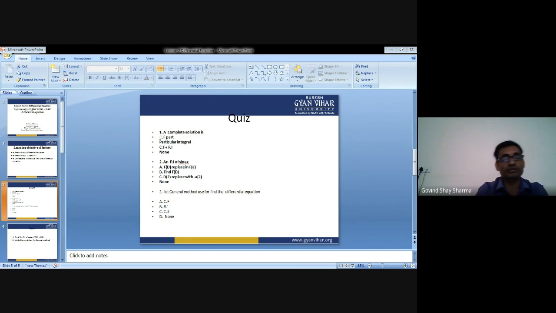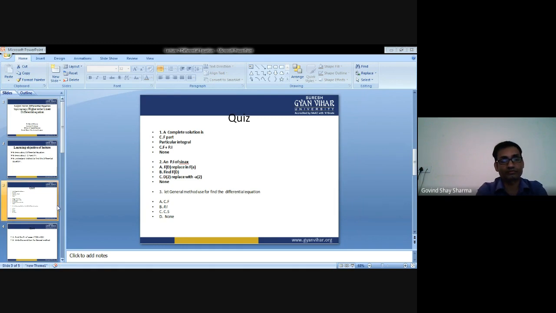Then we write the CF. But in PI, when the function is tan x or without special cases, we cannot apply special cases like Q(x) equal to e to power alpha x, cos alpha x, sin alpha x, x to power n. Here we apply the general method.